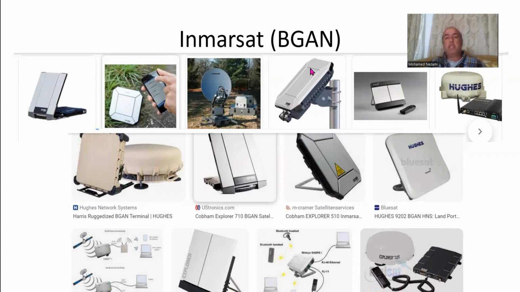They can be fixed. They could be mobile, where you move them. They could be for tactical purposes. And there are plenty of companies, predominantly Hughes Network Systems and Cobham and Harris and L3Harris and a whole bunch of companies that make these.